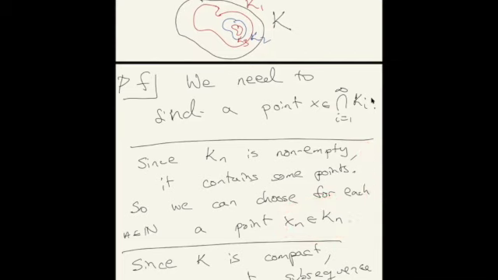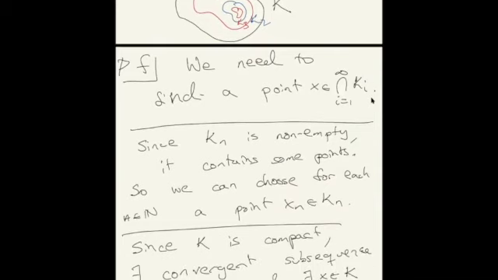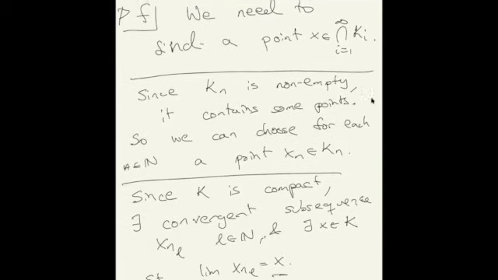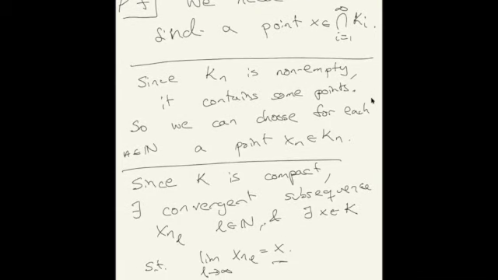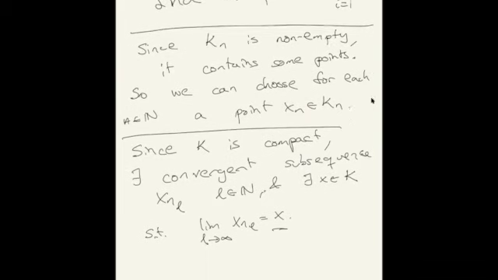This in principle requires the axiom of choice, which we permit in this class. So certainly for each individual K_n, we can find some element x_n. We allow that this choice can be made for all of these sets simultaneously.